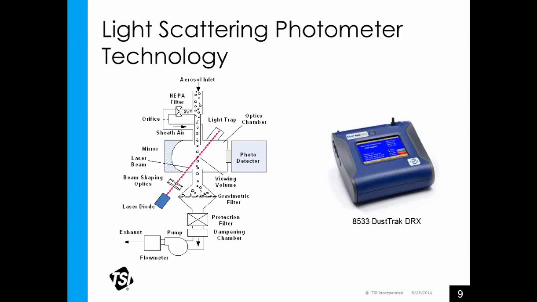With our DustTraks, we also have added a gravimetric filter, so there is a cassette. You can put a filter media in and take a parallel sample. Along with when you're doing aerosol mass measurements, you can also get a filter sample in there to send into a lab for analysis. And then it comes out through the pump. So that's kind of the basics of how this works.